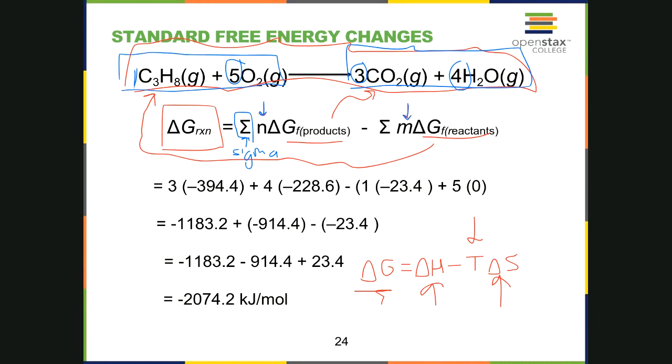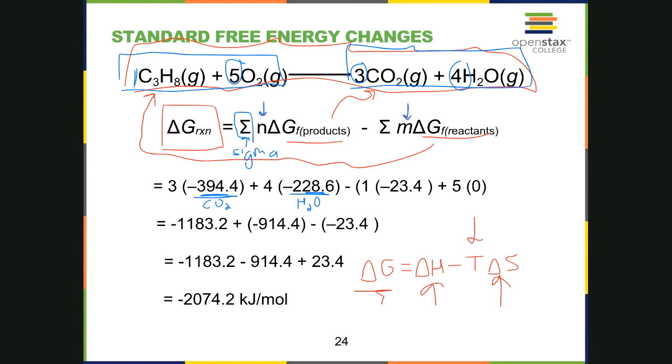So that's what we're doing in this next line here. This is the free energy of formation for carbon dioxide. It's on that table on the previous slide. This right here is the Gibbs free energy of formation for water. I should mention that you have to be careful and make sure that you're using water in the correct form.